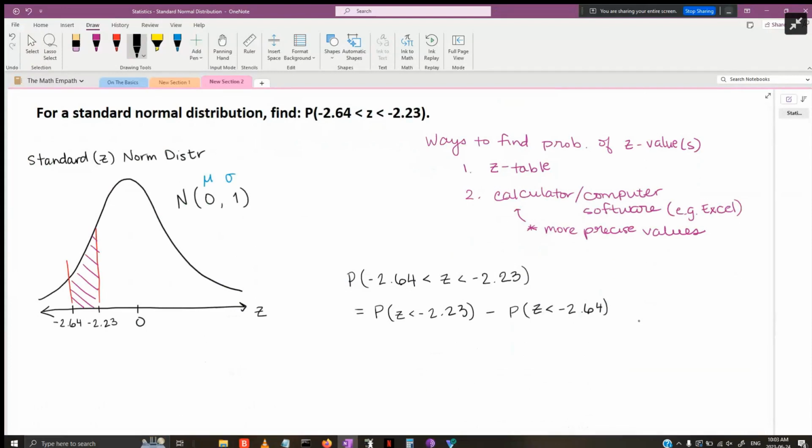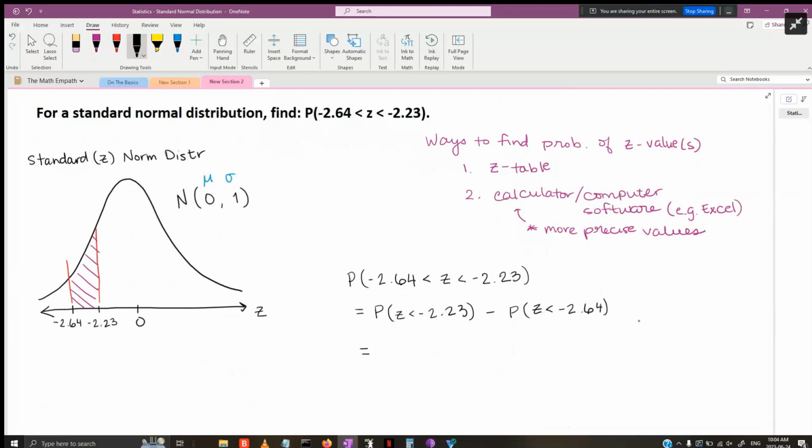So that means you have to break up this statement into this subtraction operation of the 2 areas. So you're going to find each of the 2 areas for each of the 2 z-scores and then subtract the smaller from the bigger, because we want positive probability values. We don't deal with negative probability.